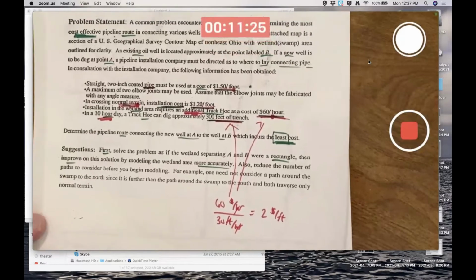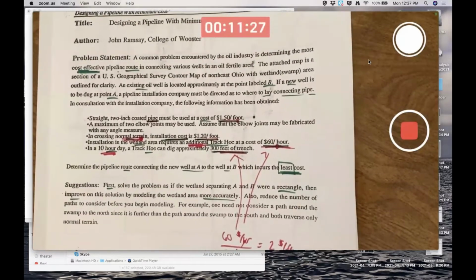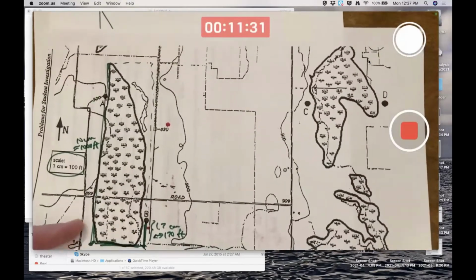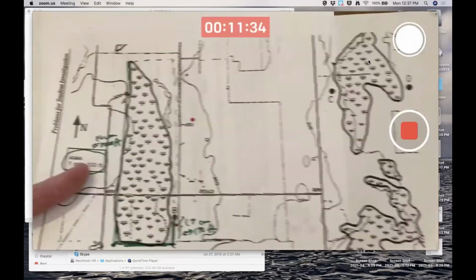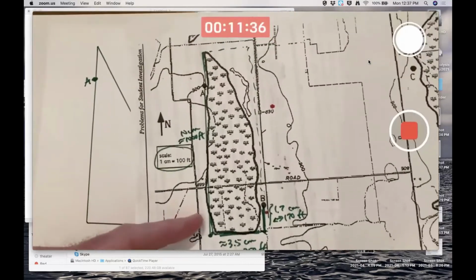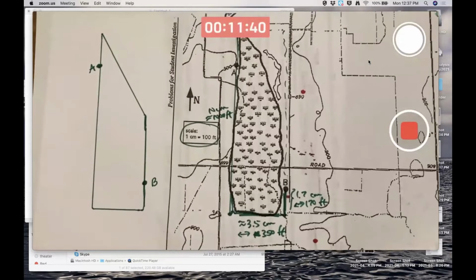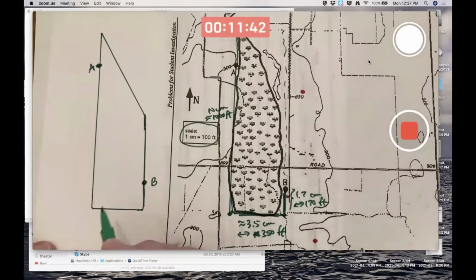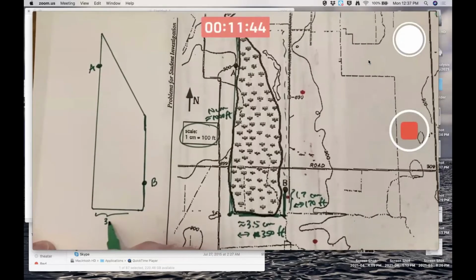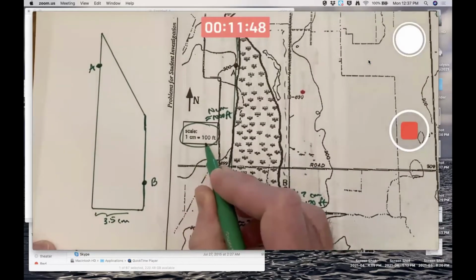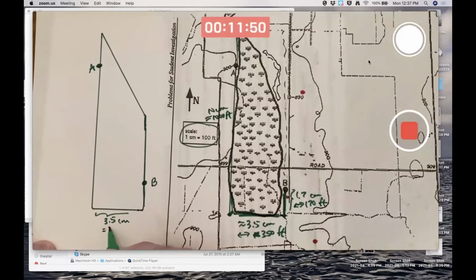And now for this trapezoid shape that we're going to try, it's going to be something similar. So here again is our wetlands. And right before class, I drew a trapezoid that approximated that shape. And let's again mark some of the dimensions on here. This was again 3.5 centimeters, which according to the scale, 1 centimeter being 100 feet, corresponds to 350 feet.